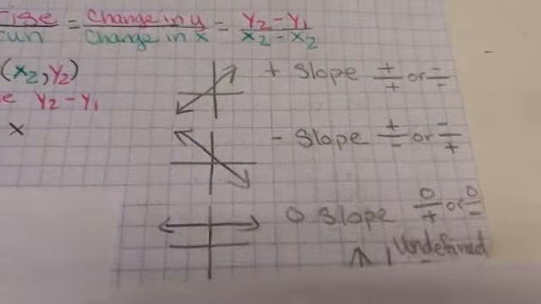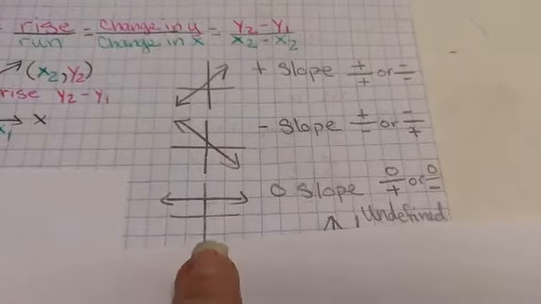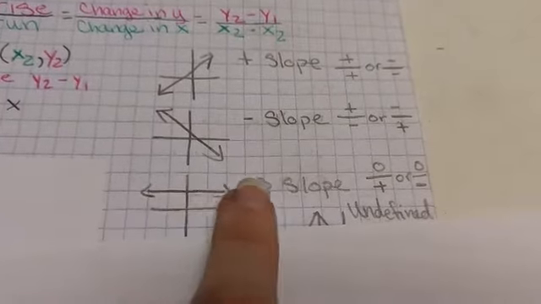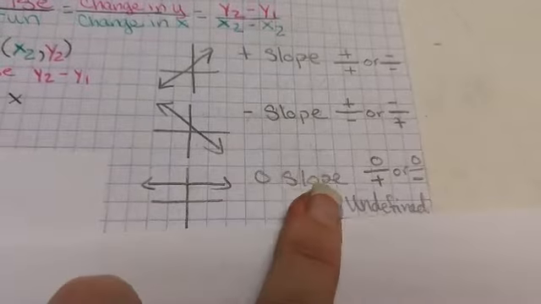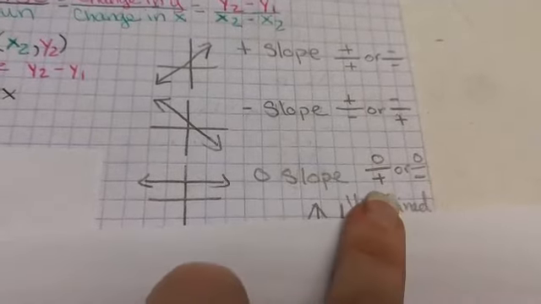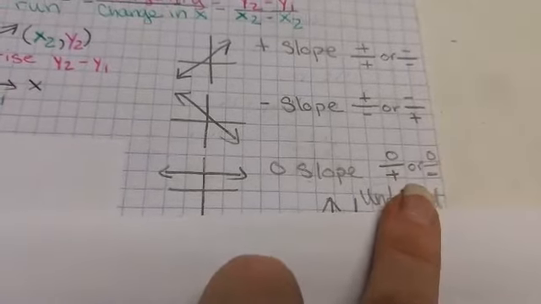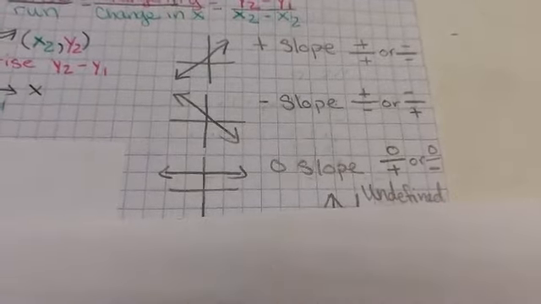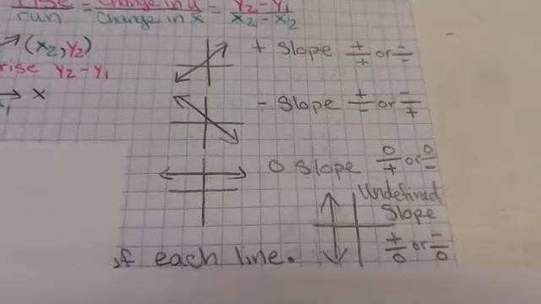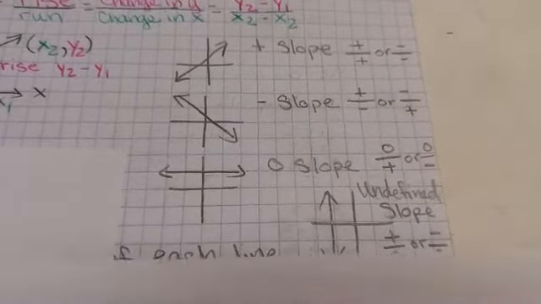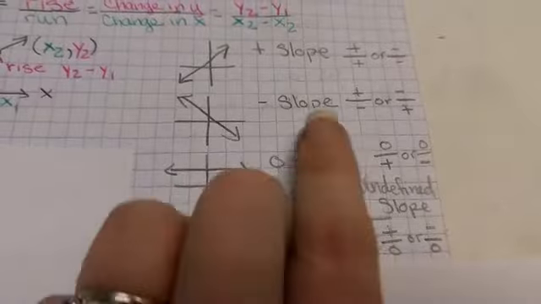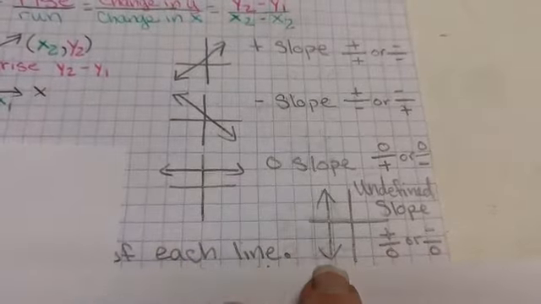So we have our slope of 0. So this is where we have a horizontal line, has a slope of 0, and that's when we have 0 over any positive number or 0 over any negative number. Gives us a slope of 0. And then our last option is this undefined slope, where we have this vertical line.